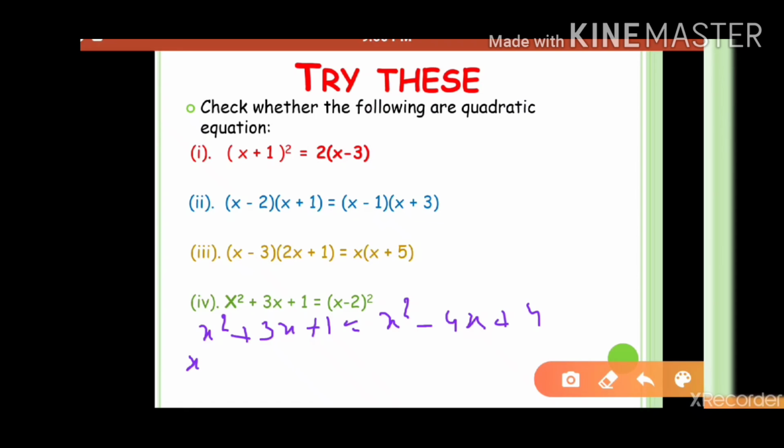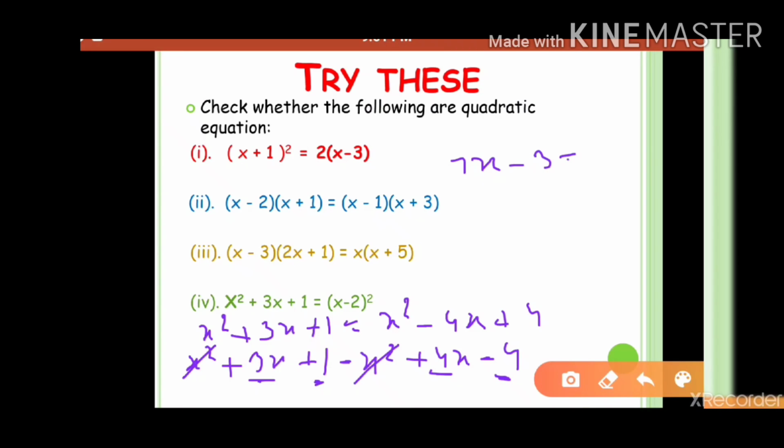We get x squared plus 3x plus 1, x squared in LHS becomes minus x squared, minus 4x in LHS becomes plus 4x, and plus 4 in LHS becomes minus 4. x squared and minus x squared is cancelled, plus 3x and plus 4x becomes 7x, plus 1 and minus 4 becomes minus 3, equal to 0.